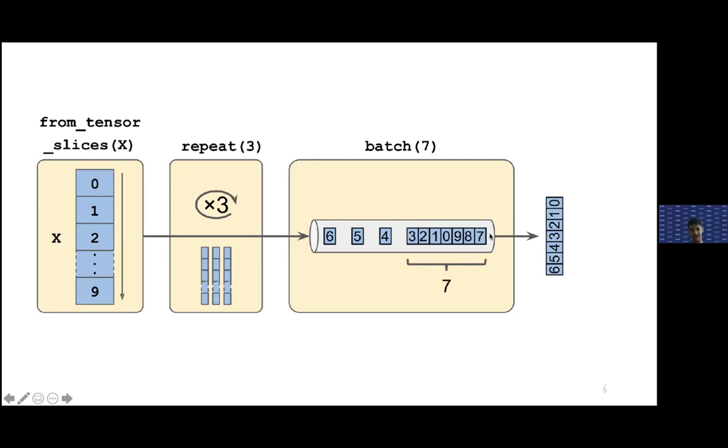Again, this doesn't necessarily modify the storage. The data from tensor slices going from 0 through 9 has about the same memory footprint with all of these training operations, which is another way TensorFlow optimizes your storage. Because imagine if you had a really large data set that you wanted to repeat multiple times, it would take up a lot more storage than just replicating 10 numbers 3 times.